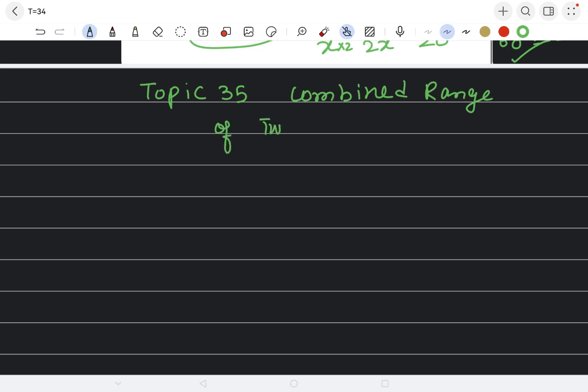Yeah, it's very interesting topic. You can see it: combined range of two intervals. Let's suppose for the interval x, x is between a and b.